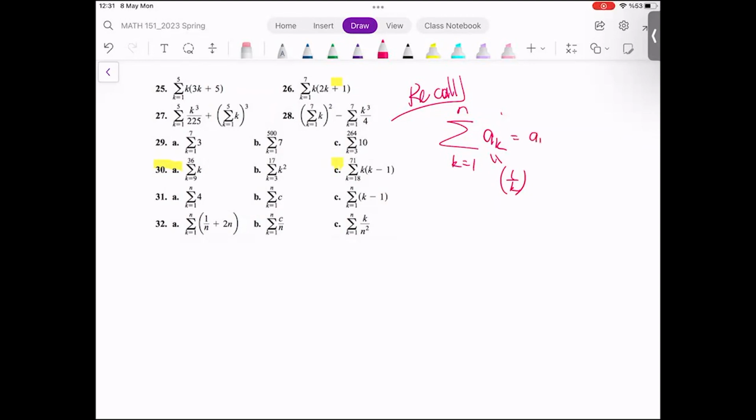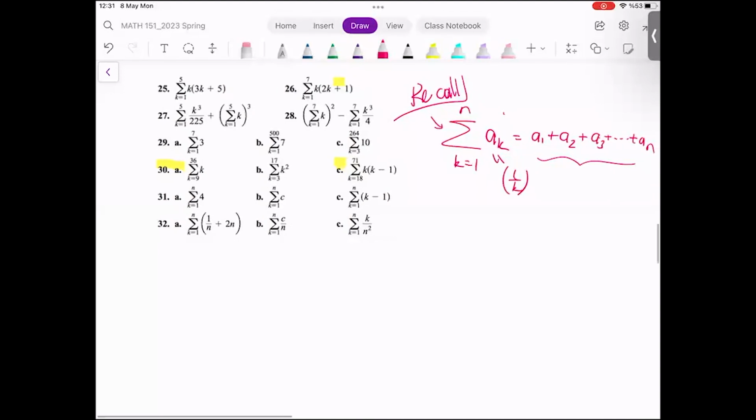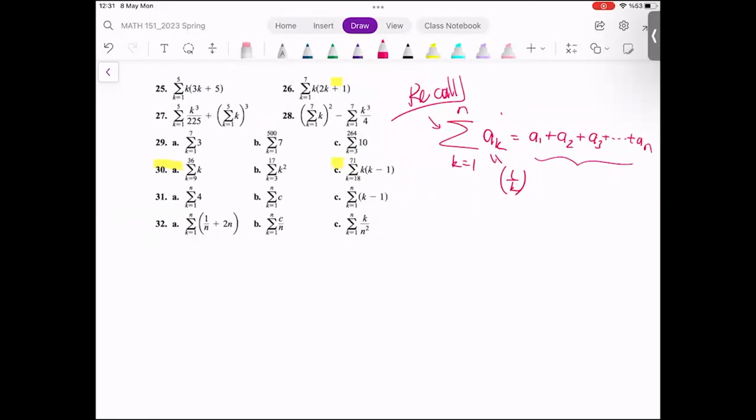It means that you put k equals 1, k equals 2, k equals 3, all the way up to n. So sigma notation basically means a summation, a finite summation like that. Okay, now let's solve some exercises by using sigma notation.